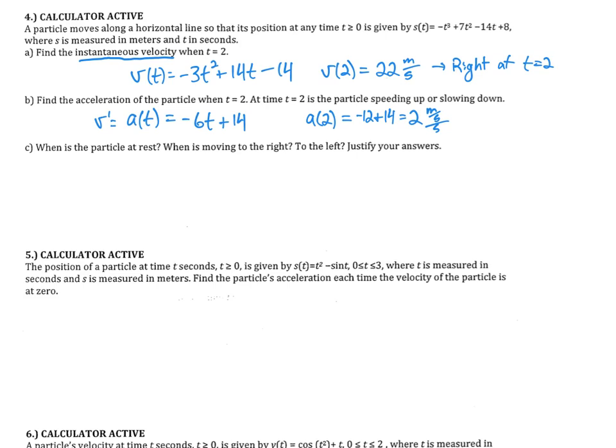And because acceleration and velocity are both positive numbers, they're both heading towards the right, what that means is that the particle is speeding up, because both velocity and acceleration have the same sign.